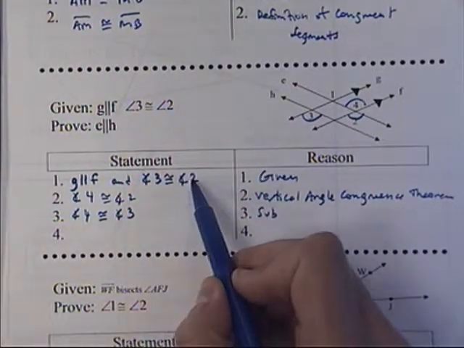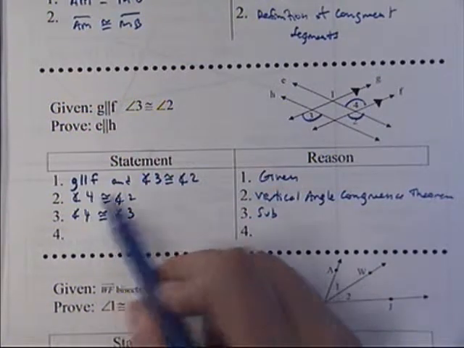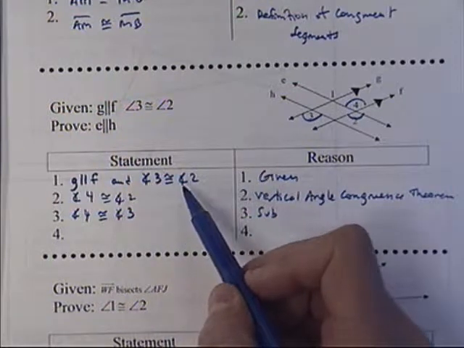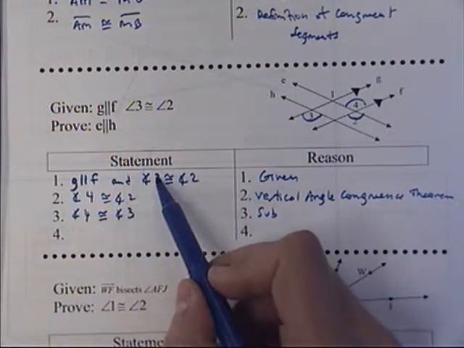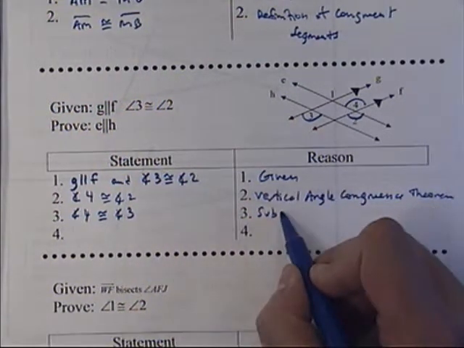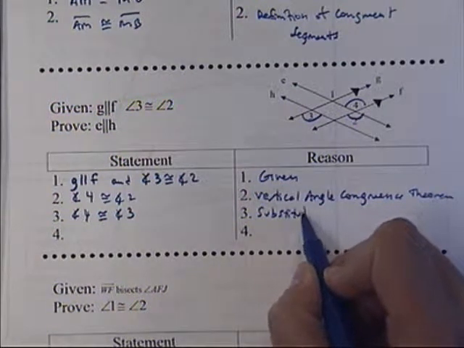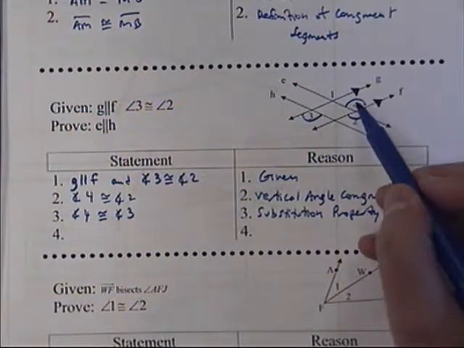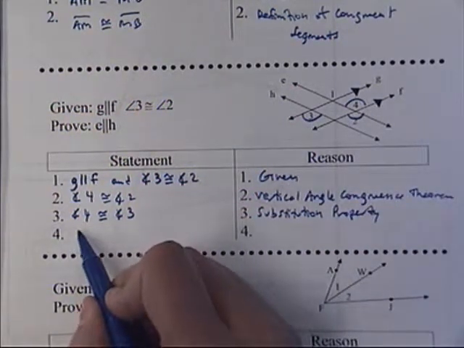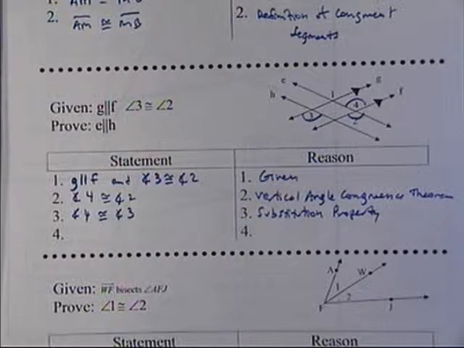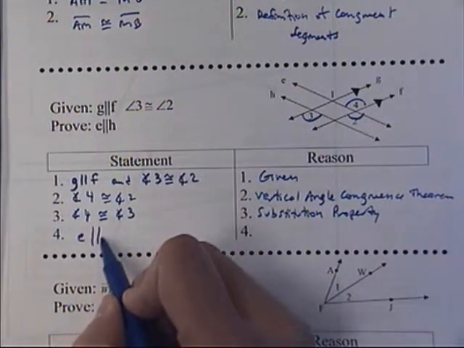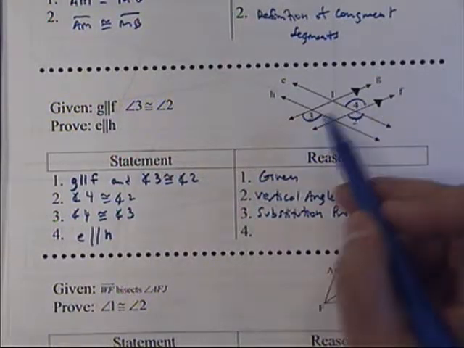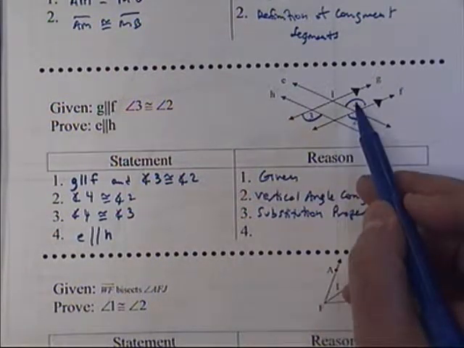If we take this 3 out and we put in the 4, we've got to take this 2 out and put in the 3, then we have this statement. Okay, and then if angle 4 and angle 3 are congruent, then lines E and H are parallel, because this and this are a pair of alternate exterior angles.